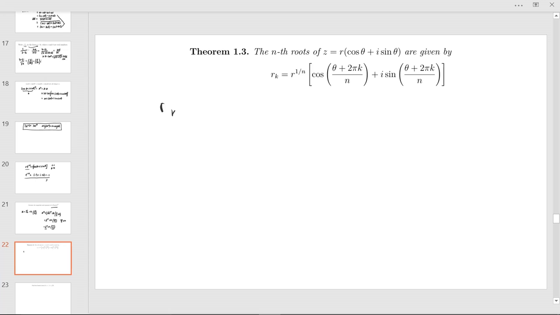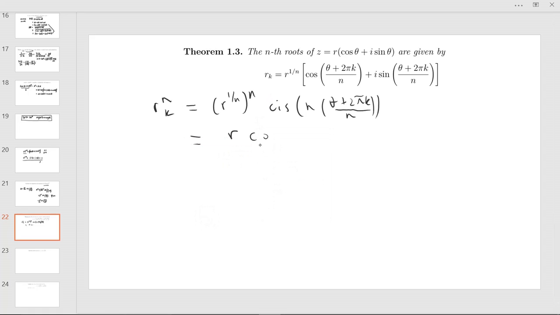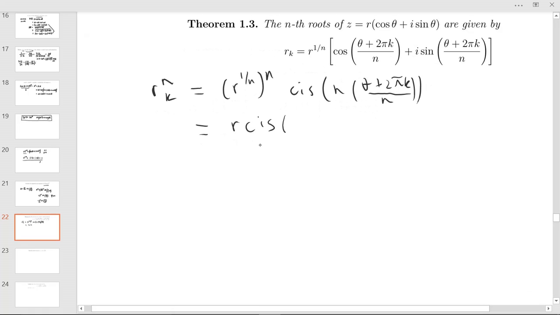We show that r_k to the n is equal to r to the 1 over n, to the n, times cis of n times (theta plus 2 pi k over n), and then we can simplify this to get r cis (theta plus 2 pi k).